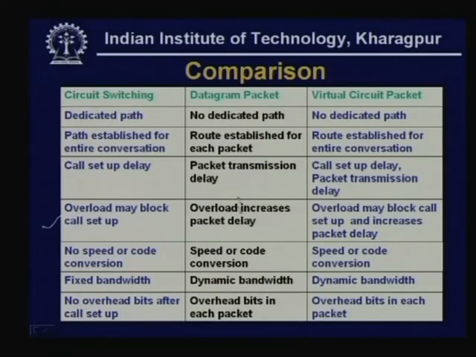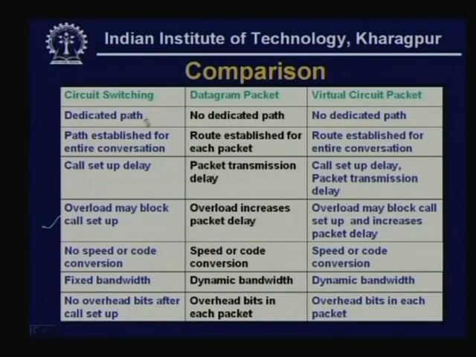But in datagram packet switching, as we have seen, even when there is overload, only the delay will increase, but packets will be accepted by the network nodes and they will be stored and queued. However, in case of overload, there may be long delay. In case of virtual circuit packet switching, overload may block call setup.